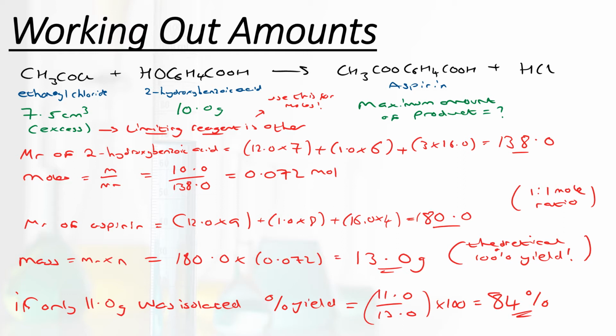I'll see in a few slides this quantity called the percentage yield, but essentially the percentage yield is how much did I actually make divided by how much have I theoretically made. So if I only made 11 grams, then we can work out the percentage that we truly made being 11 divided by 13, and 84% is the answer. We'll see in a few slides a few more examples of percentage yield.